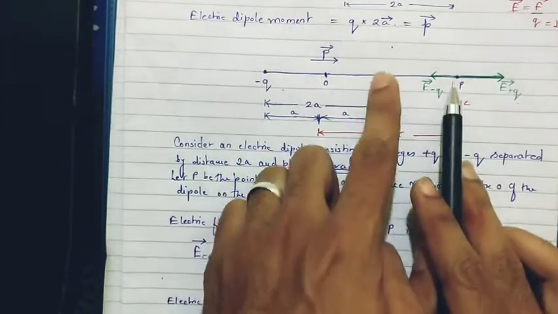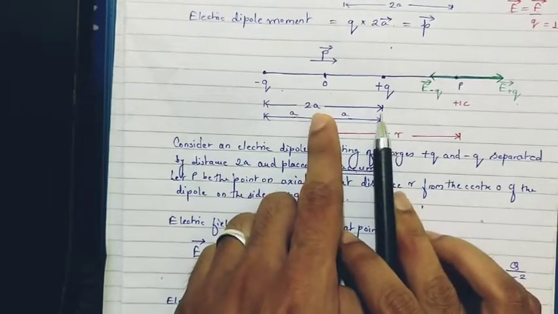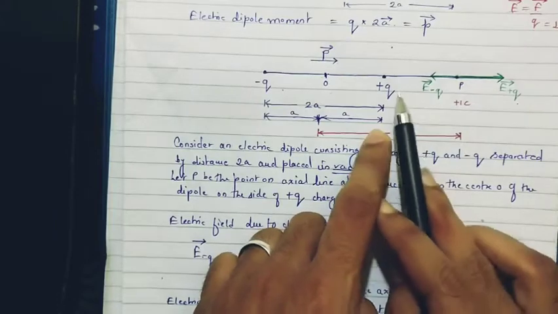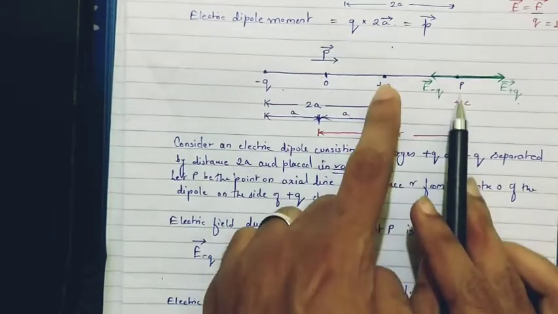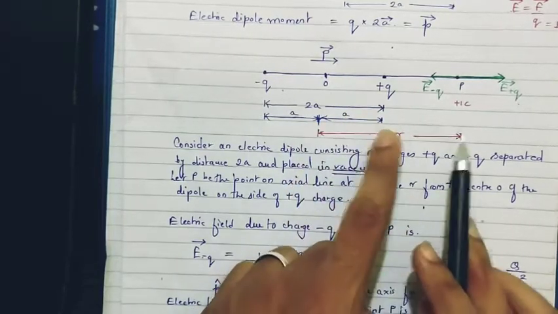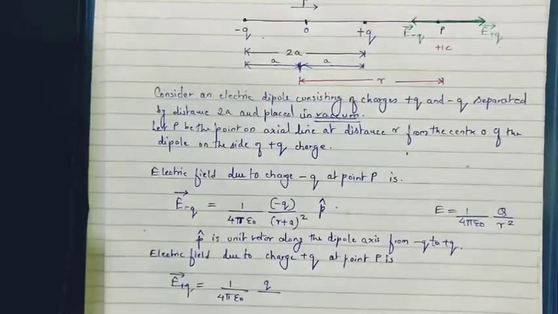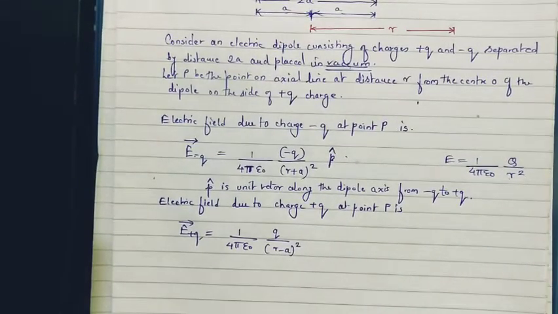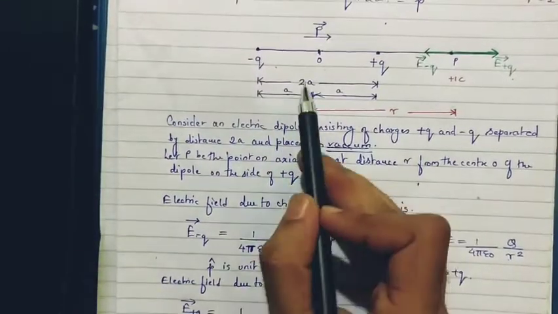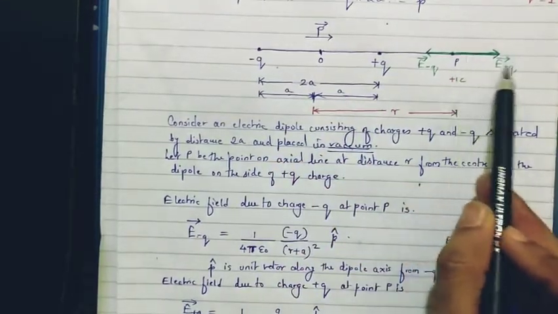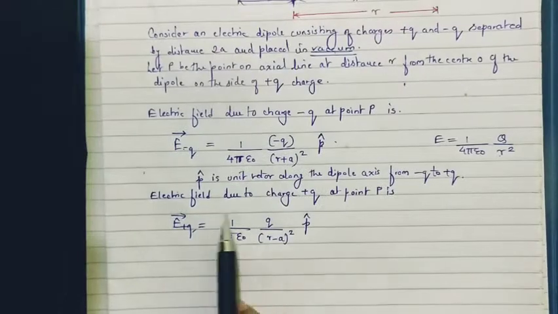So can I write this distance as r minus a? Remove this a from this r, so you get the distance from q to P. So I can write this as r minus a, the whole square. Now I can put it as positive p cap. Why? Because p, the electric dipole moment, and E plus q are in the same direction, so there has to be a positive sign over here.